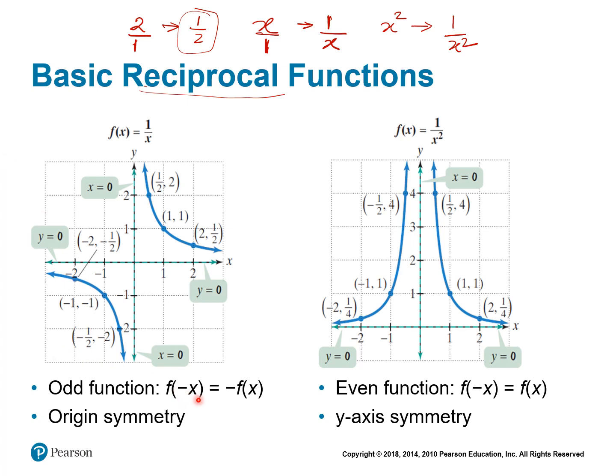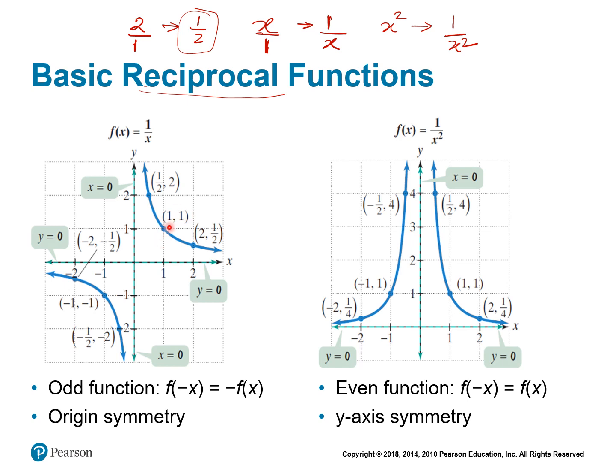In any regular function which is not a reciprocal, for example, just the y equals x case, an odd function would be if we replace the x with a negative x. This point here has 1, 1 as its coordinates. If we replace the x value 1 with negative 1, then the corresponding y value is also going to become negative.